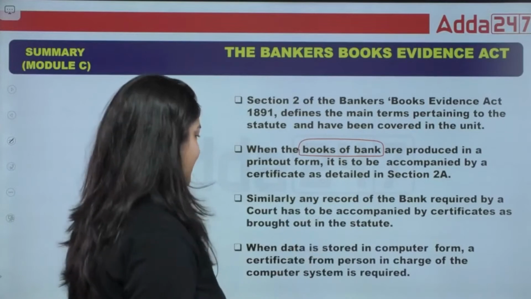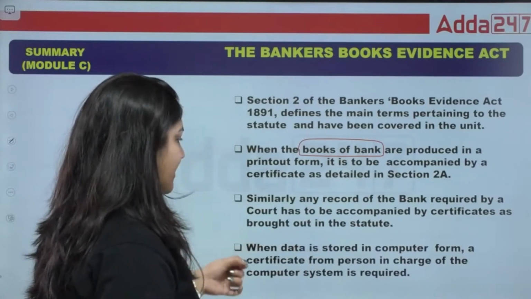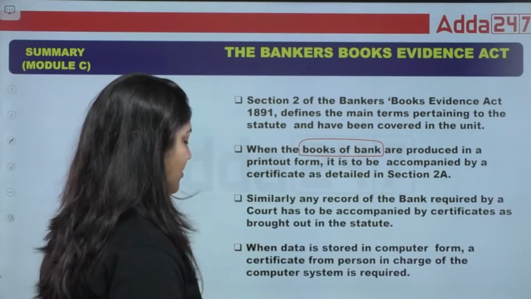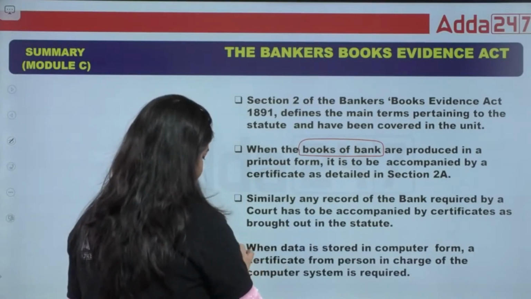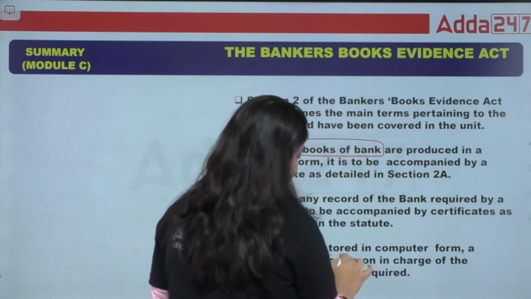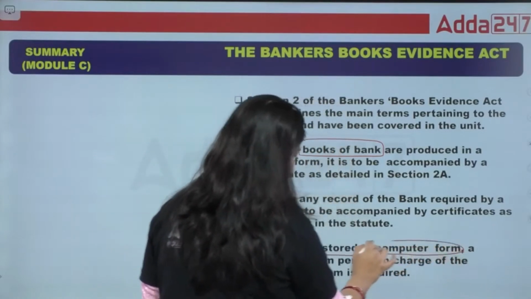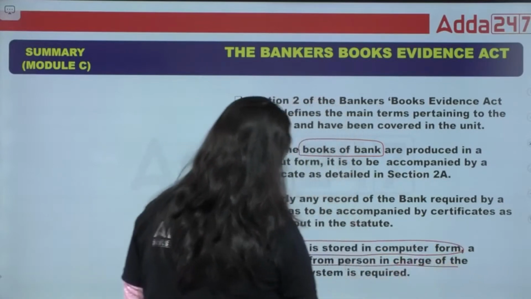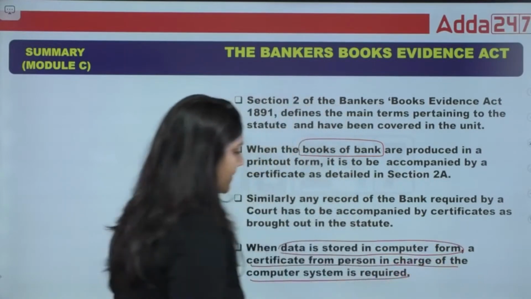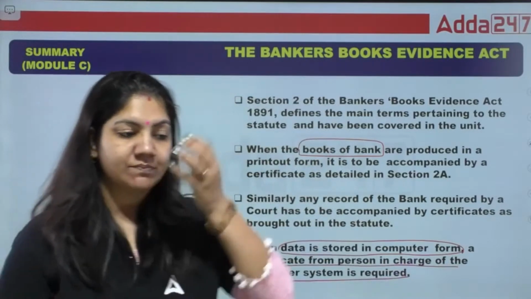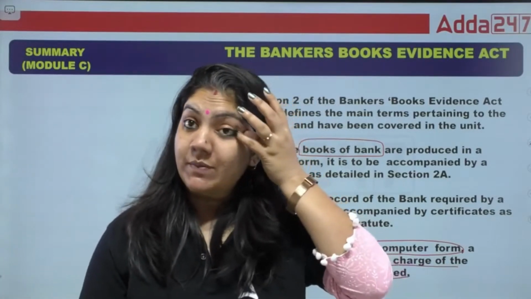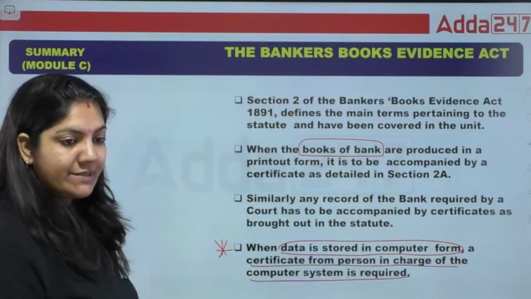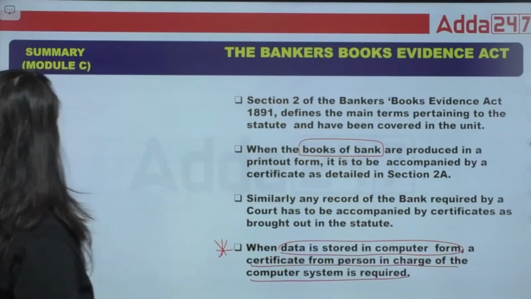When data is stored in computer form, a certificate from the person in charge of the computer system is required. This is very important from the examination point of view.